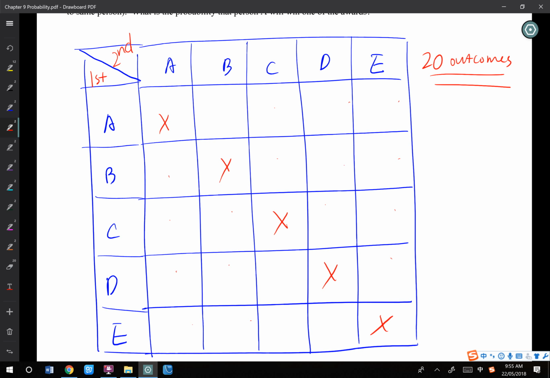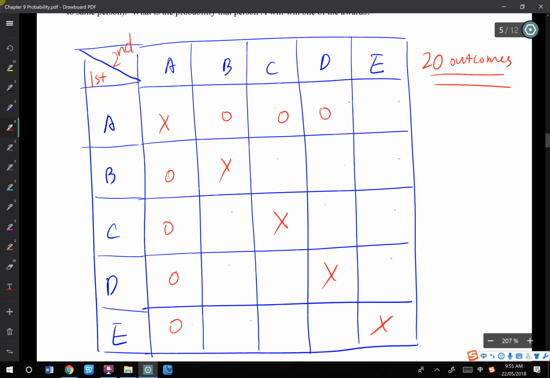Which boxes represent A winning an award? The first column. The cross already wins 5 in a row, it's like the game. So those circles mean A wins an award, either the first award or second award. I don't really mind, but those are all the outcomes that A was involved in.